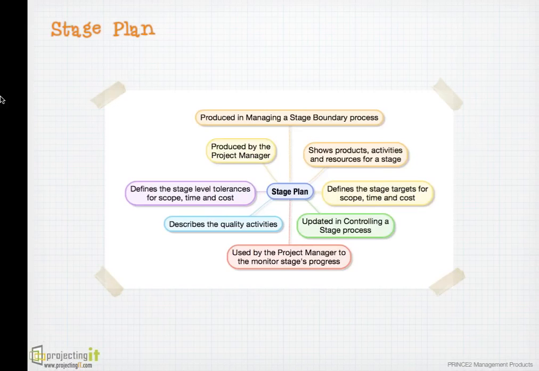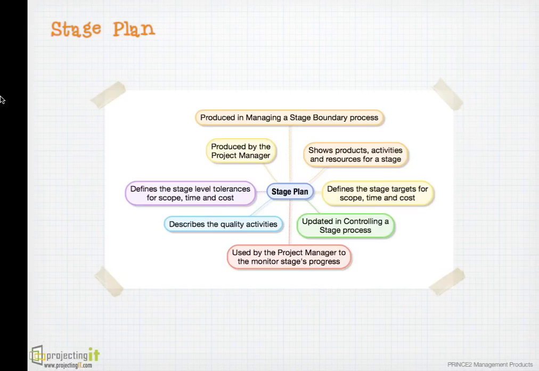Stage plan is produced just before the stage is about to begin to keep it more realistic and relevant. So, like I mentioned earlier, PRINCE2 has three levels of plan: project plan, stage plan, team plan.